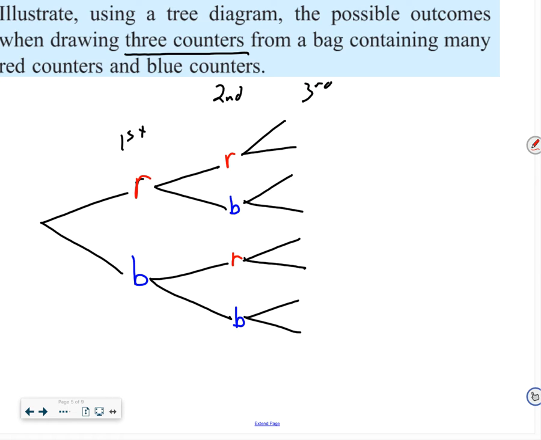And then I'll put my reds on the top of each of those forks, knowing that I could get a red or I could get a blue in my second or my third choice.